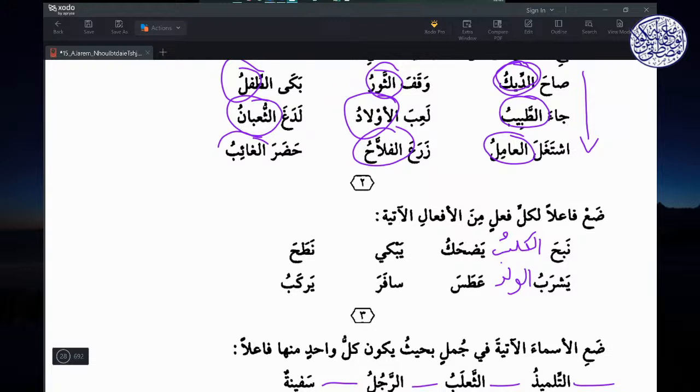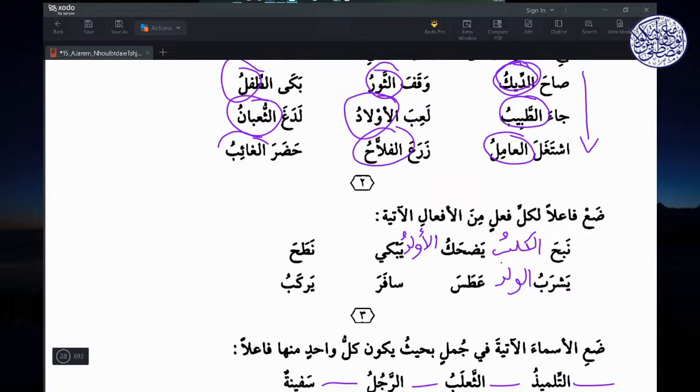يضحك الأولاد. This is what the person Dawood sent in. Al-awladu. And you can say this even though al-awlad, and this is something that we'll learn inshallah in a future chapter, al-awlad here is plural.